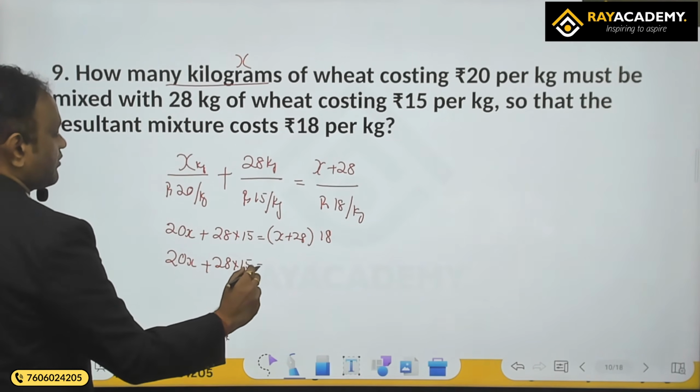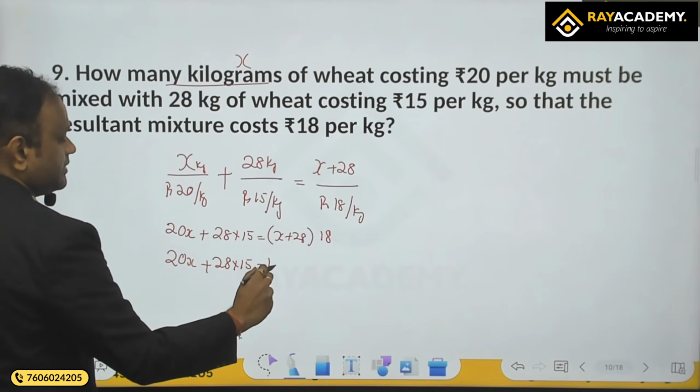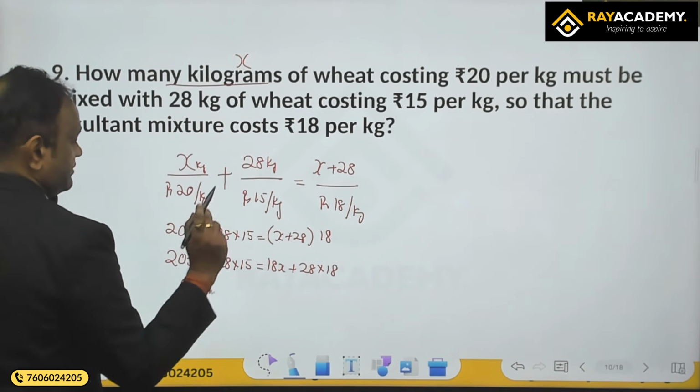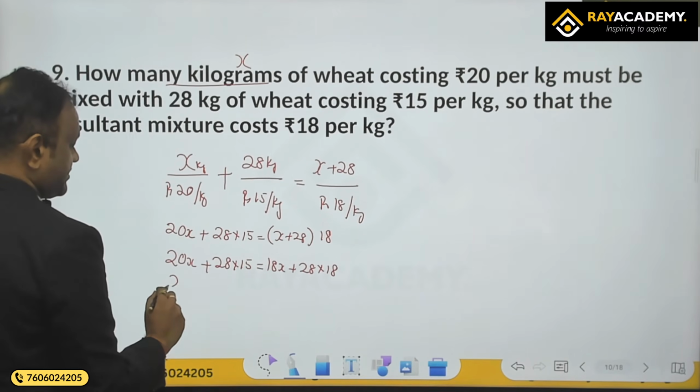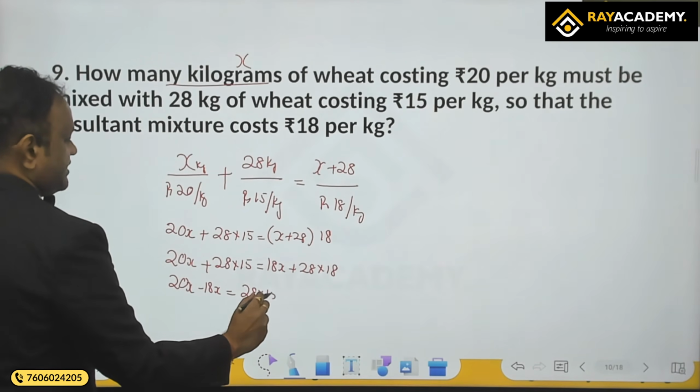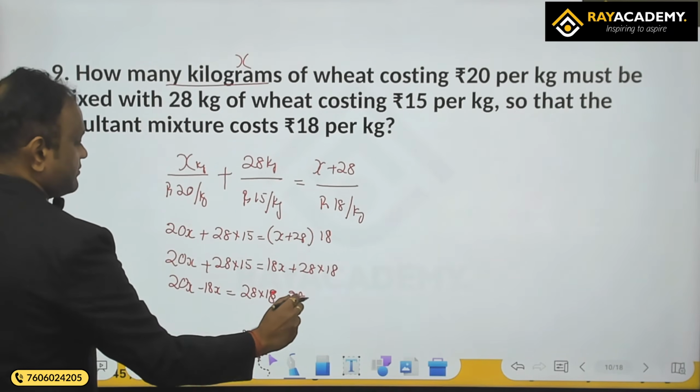Calculation is easy: 18x plus 28 into 18. So bring 18x to the left hand side: 20x minus 18x equals 28 into 18 minus 28 into 15.